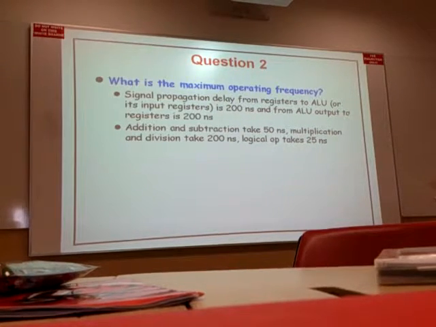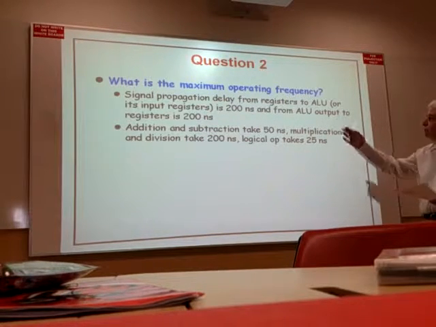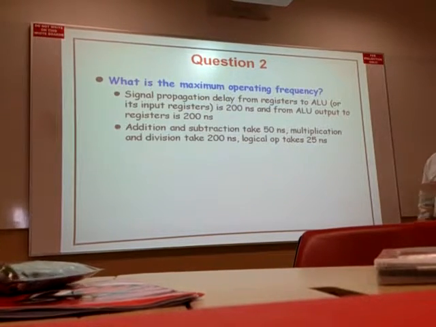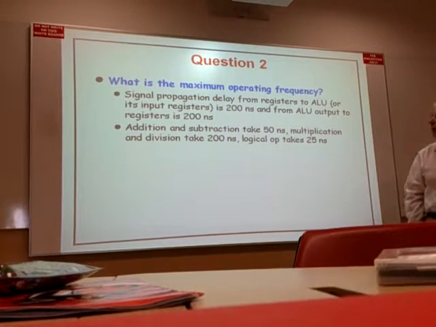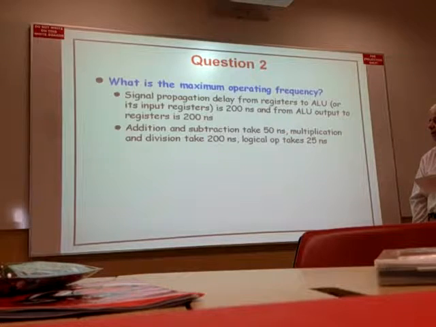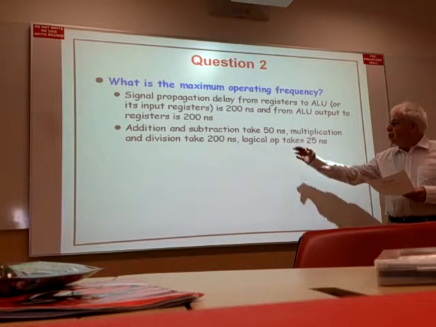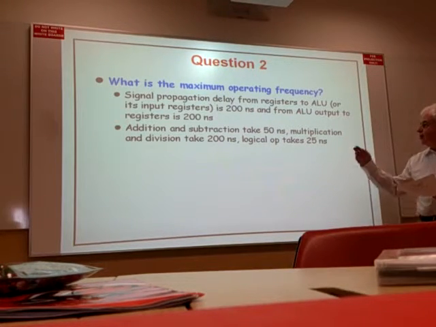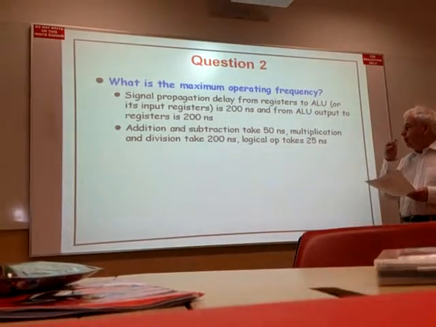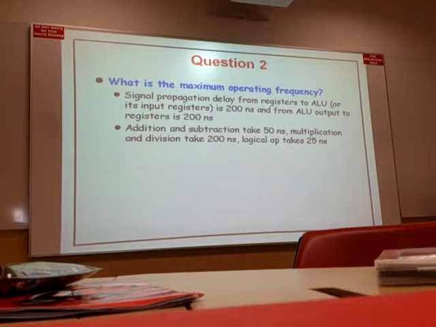Basically the signal propagation delay from the register to the ALU input is 200 nanoseconds, and the signal propagation delay from the ALU output back to the registers is 200 nanoseconds. Addition and subtraction take 50 nanoseconds, multiplication and division take 200 nanoseconds, logical operation takes 25 nanoseconds.